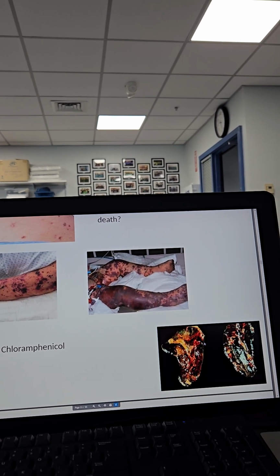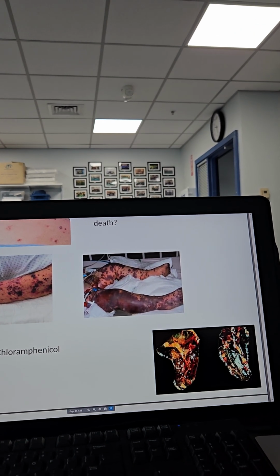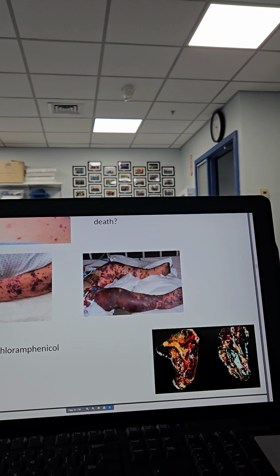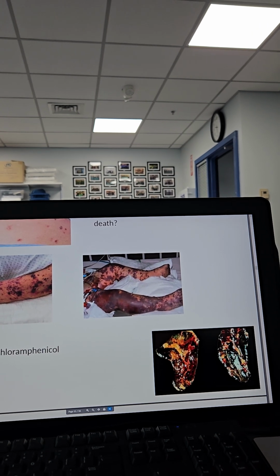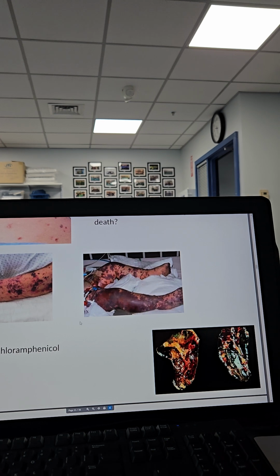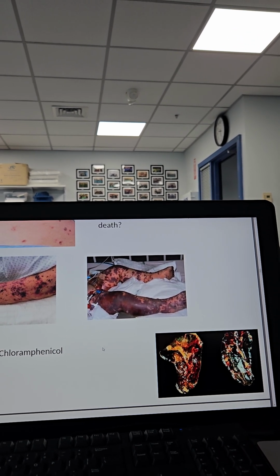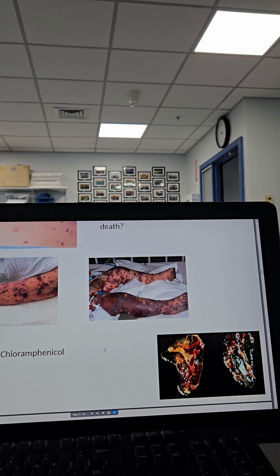This, what organ is this? Do you guys know? Kidney? That's a heart. That's a heart that has been taken out. It's got clot everywhere. Yeah. So, it's terrible. Okay.